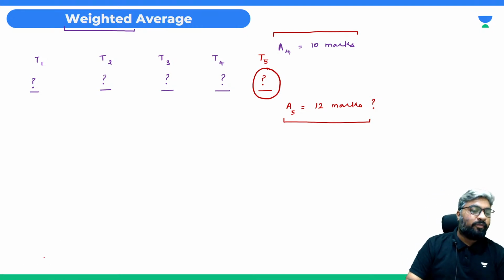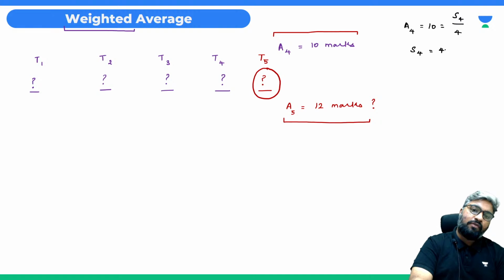सो यहाँ पे आप ऑब्वियसली you can do it with equations. आप इक्वेशंस रख के कर सकते हो कि अगर 4 टेस्ट का एवरेज मार्क्स अगर 10 है, which is nothing but sum of 4 tests' marks by 4. तो इससे आपको पता चल गया कि 4 टेस्ट का मिला के आपने 40 मार्क्स लाया था.